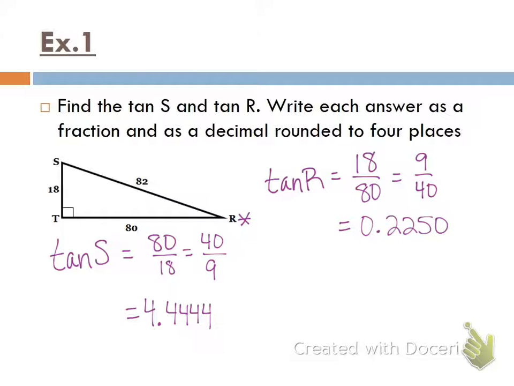Yes, because if you have 80 over 18, you're talking about the tangent of angle S, not the tangent of angle R. So we do have to be careful about these and be consistent with what they're asking for. Other questions? Okay, let's move on.